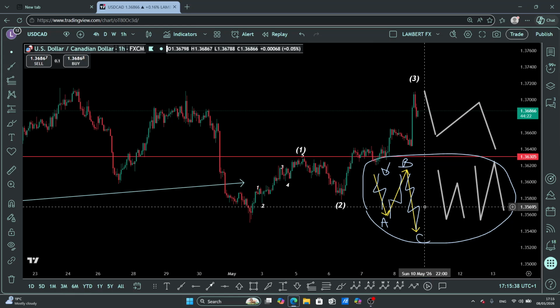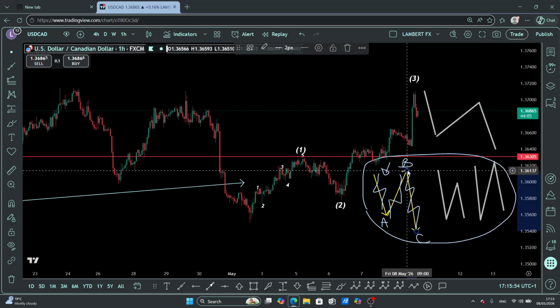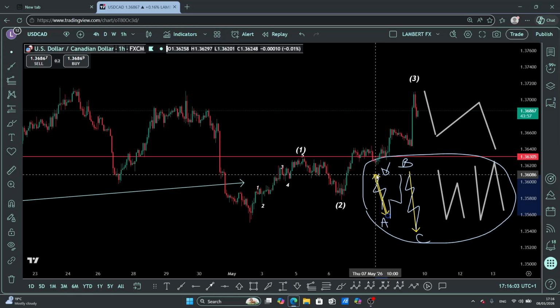Okay, so the characteristics of an expanded flat is that your B must go above where your A started from.